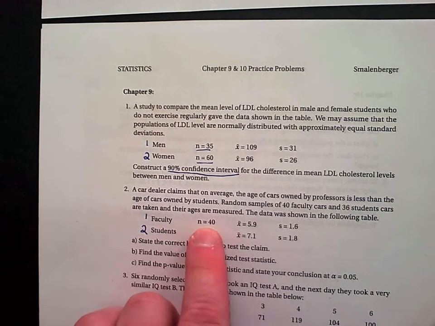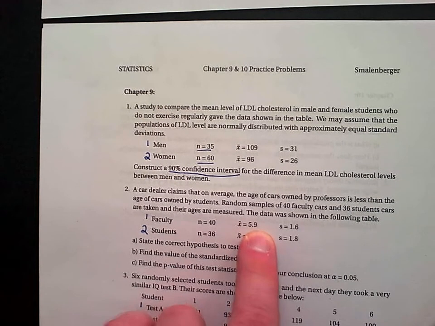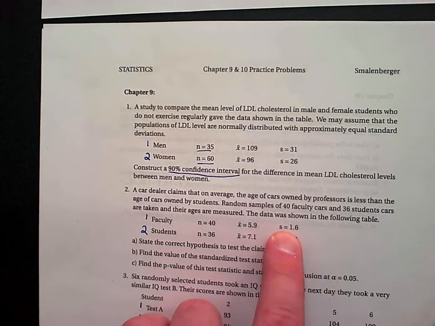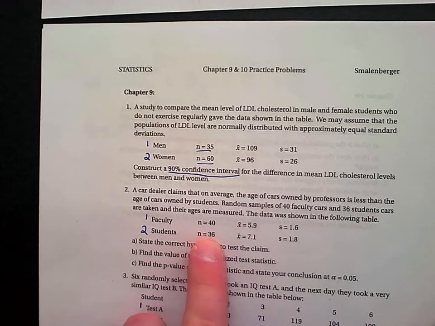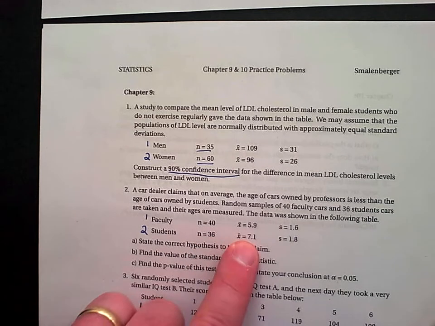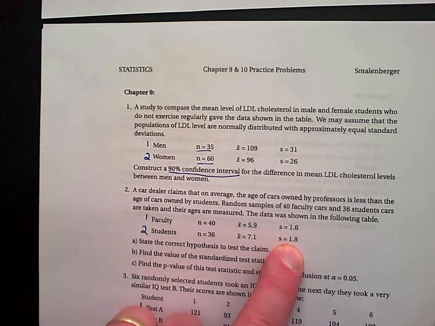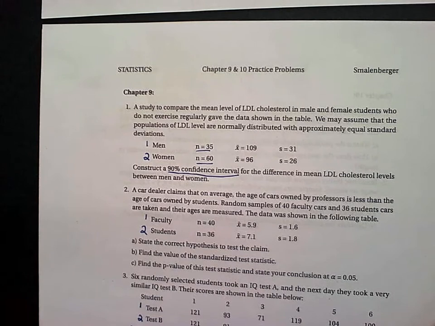For faculty, there are 40 faculty. Average age of a car is 5.9 years with a sample standard deviation of 1.6 years. Students, there were 36 students sampled with the average age of the car of 7.1 years and a sample standard deviation of 1.8 years. State the correct hypothesis to test the claim.